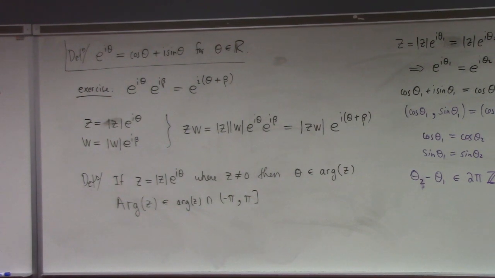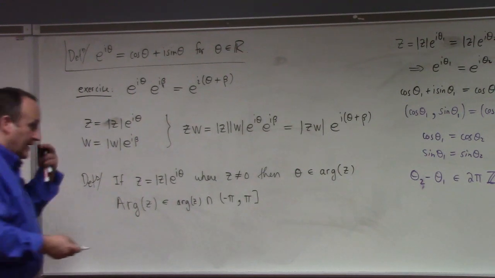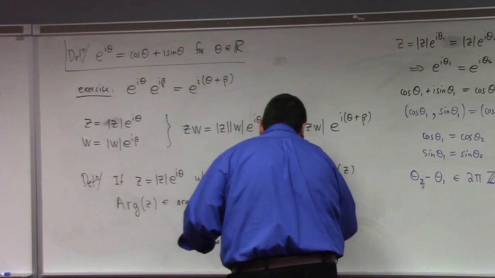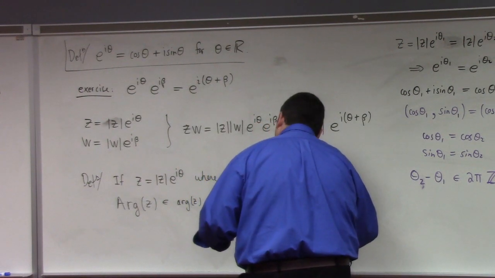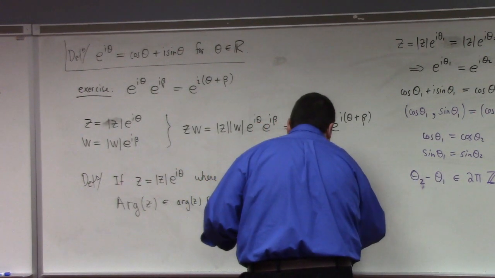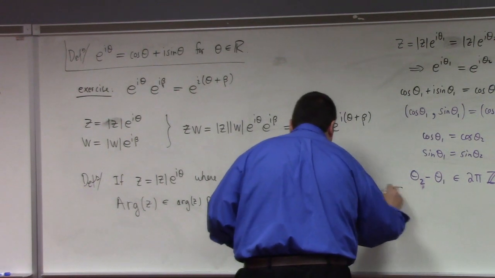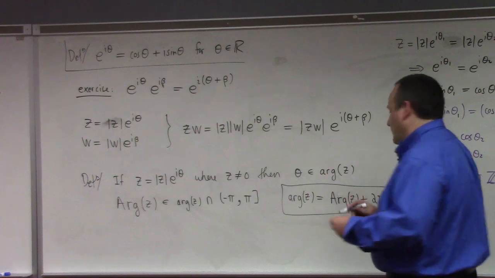We need notation to clearly choose angles of a specific range, so I'm going to introduce some additional notation past this, but that's just to start with. There's your principal choice. With this choice in mind, little arg of z would be equal to big Arg of z plus 2 pi times the integers. You could write that.